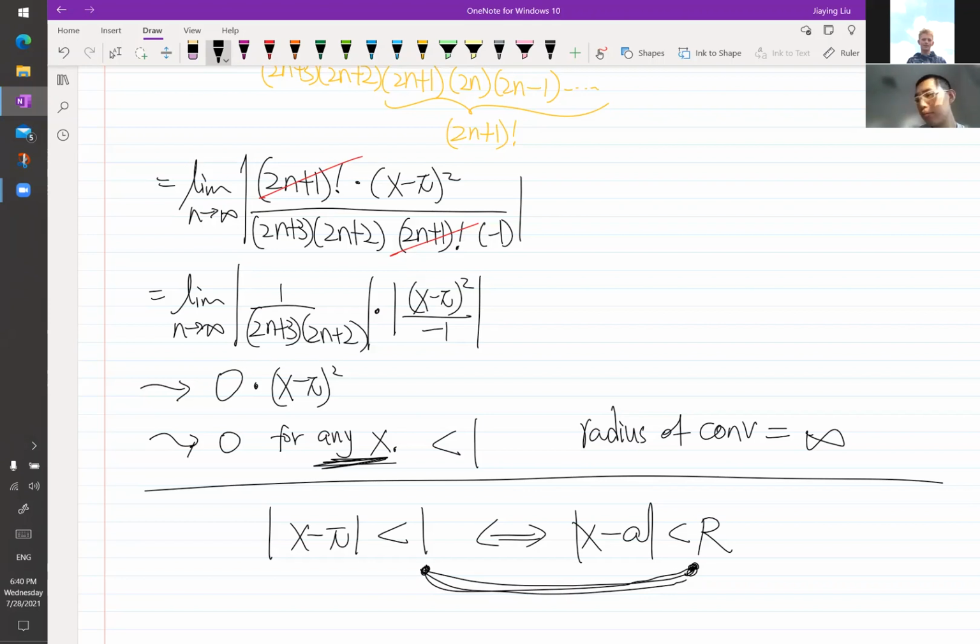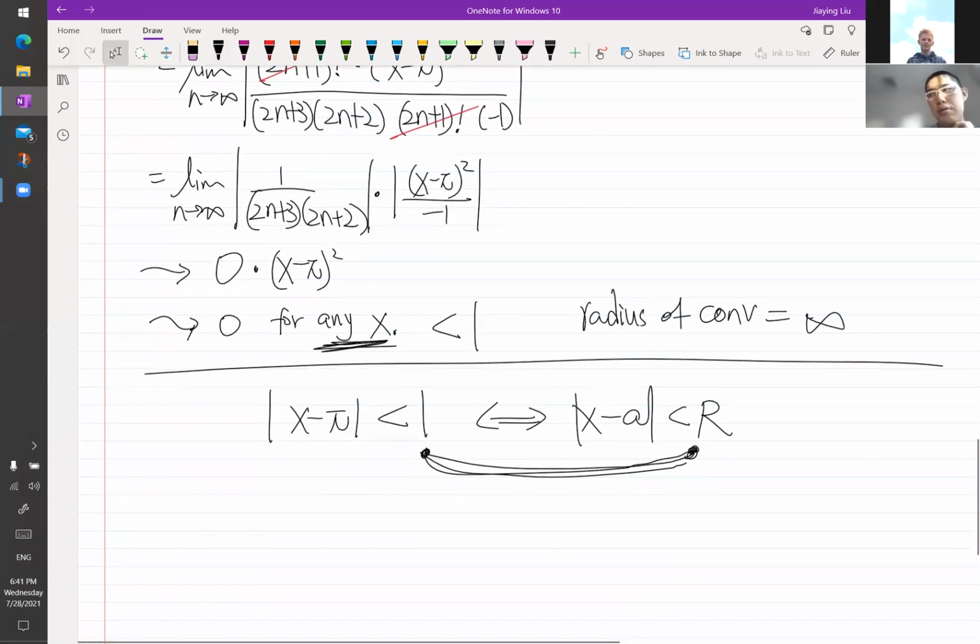Let's say you get less than 1. Professor, sorry, I wasn't able to hear you clearly. Go ahead. If it were to be less than 1 and it's not 0, would it still be infinity?